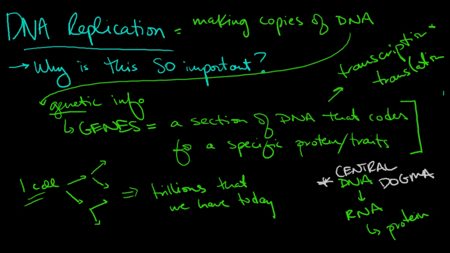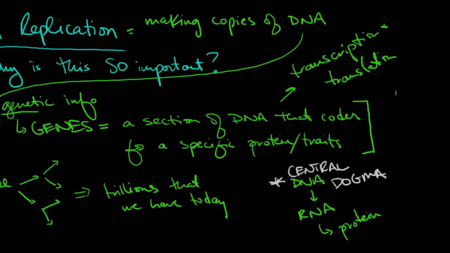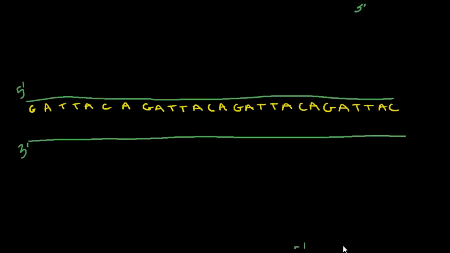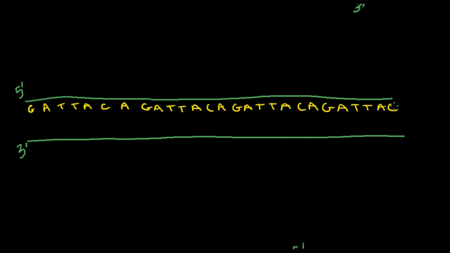So what I have over here is a section of DNA. It's a strand of DNA, and it's missing some stuff, so let's go ahead and do the proper base pairing.